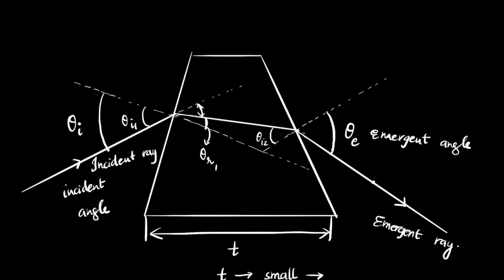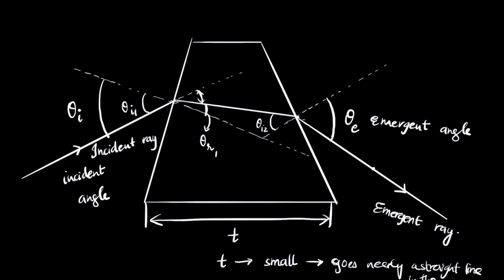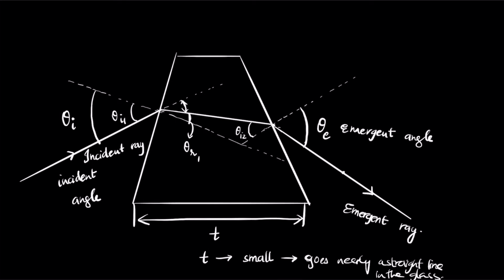Because this bend angle is negligible, we can say that it goes nearly as a straight line in the glass piece.